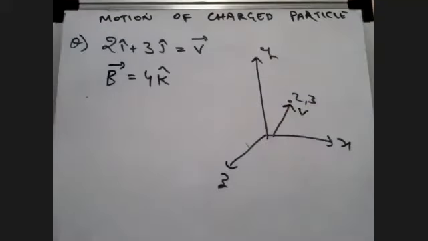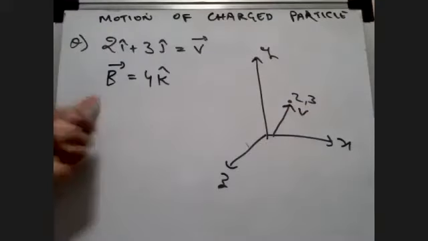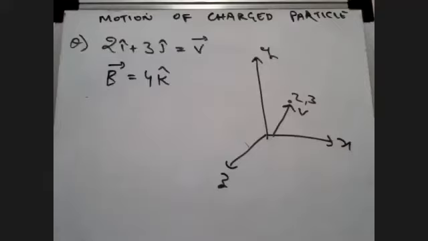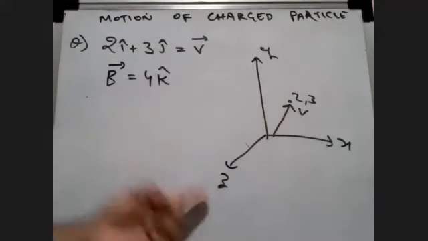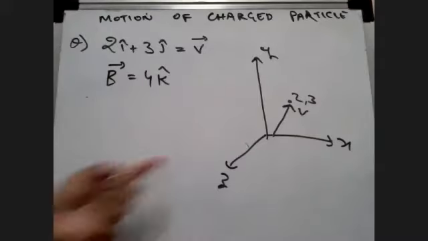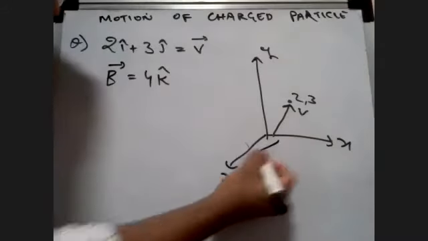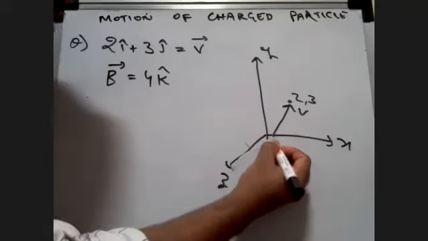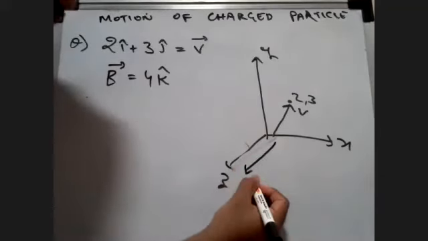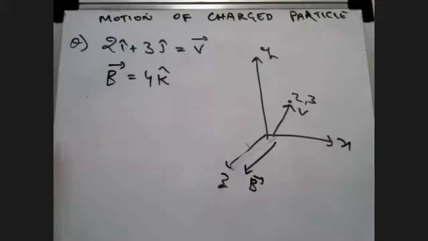This is my velocity, and my magnetic field here is in the 4k direction. 4k is in which direction? The z axis, yes or no? So my magnetic field is in the z axis direction. This is my b. Now can you apply v cross b using the right hand rule?